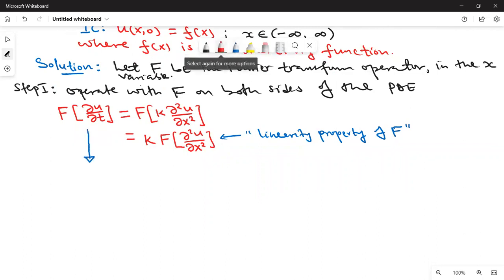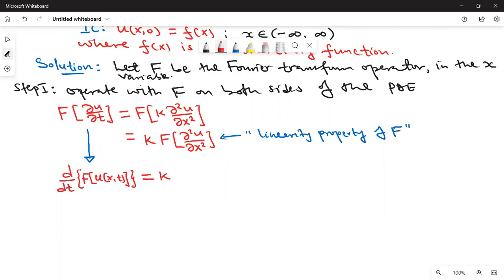So it will be now d/dt of the Fourier transform of u. Remember, u is a function of x, t. The Fourier transform of u of x, t. That's what you get when you transform that derivative, equals k, a constant.